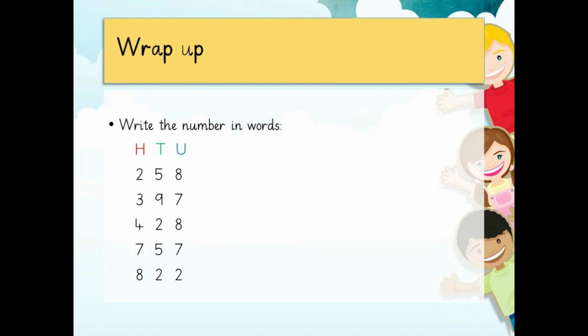Our third number is 428. Our next number is 757. And our last number is 822. I'm sure that you know the spellings of all of these numbers and you can write them down independently.